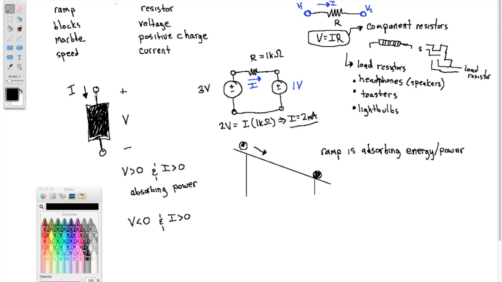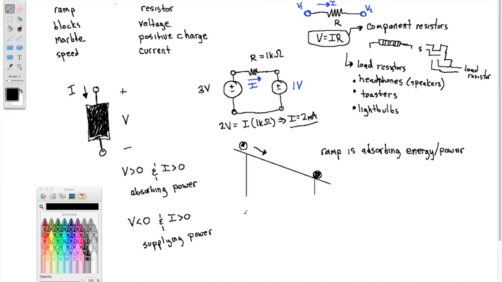So now here, current is entering the low potential and leaving the high potential. That's the equivalent of the marble going up the ramp. So in this case, that device is supplying power. And I'll let you work out the other cases. There are two other cases here. You can think about those other cases.